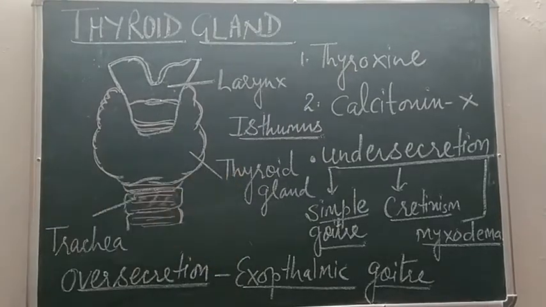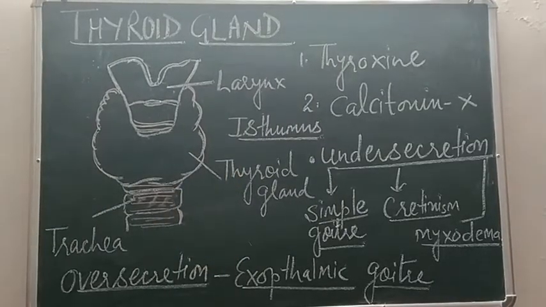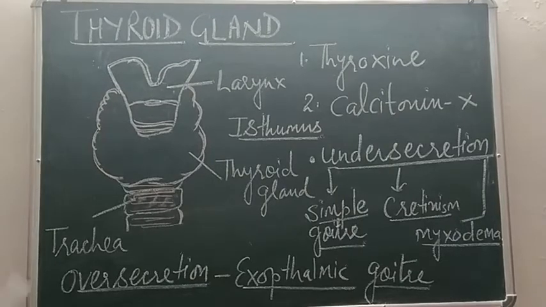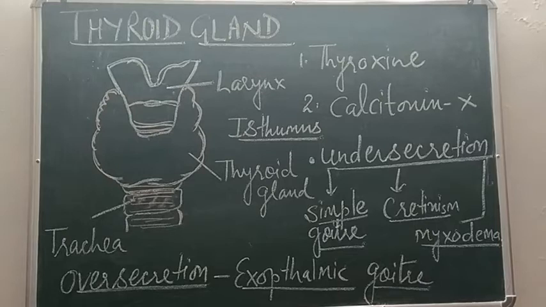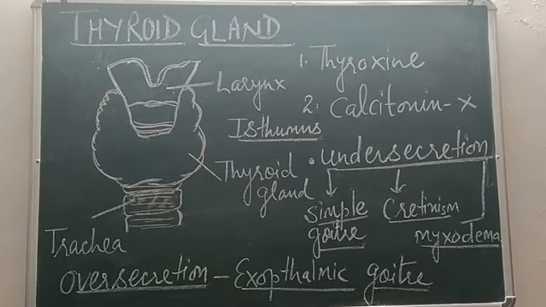So now I will be telling you about the functions of this thyroxine hormone, which is secreted by the thyroid gland. This thyroxine hormone regulates the basal metabolic rate, BMR.